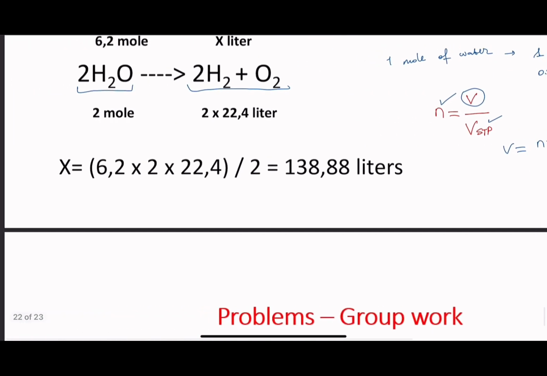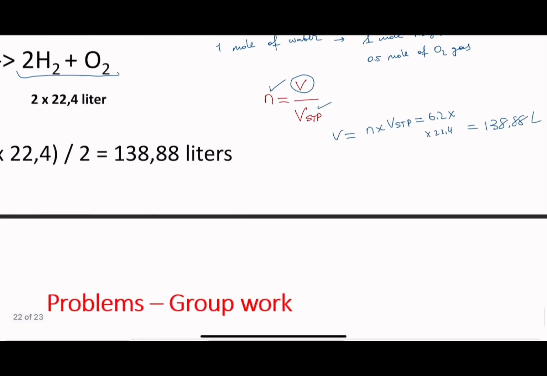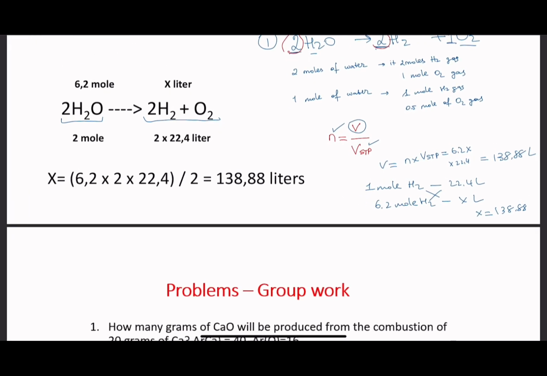Or you can do the proportion. You say, for example, 1 mole of H2 is 22.4 liters, and then you get 6.2 moles of H2, and you say X liters. You do the calculation and you get the X of 138.88. Okay, so either way works.